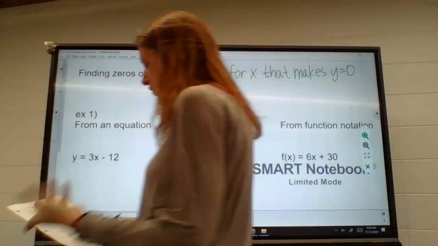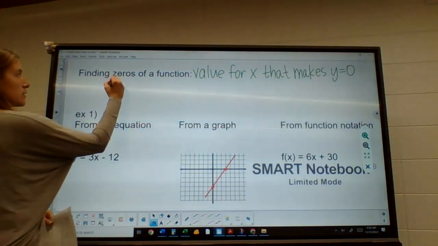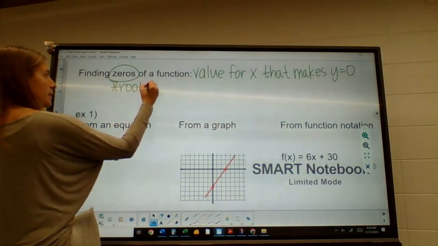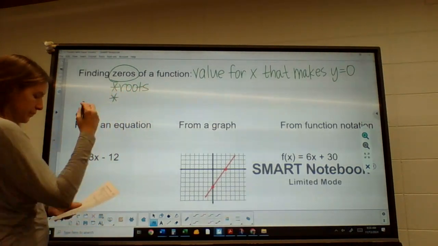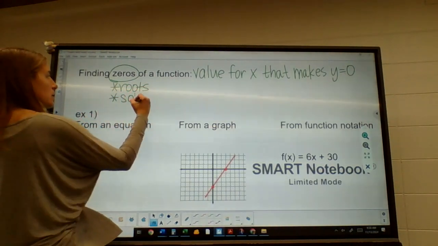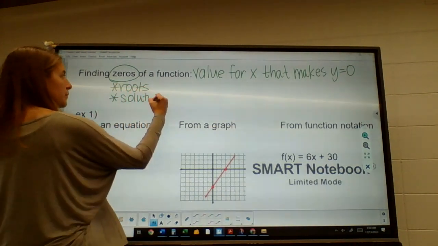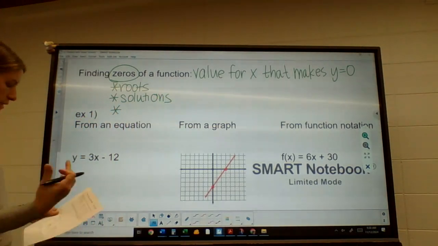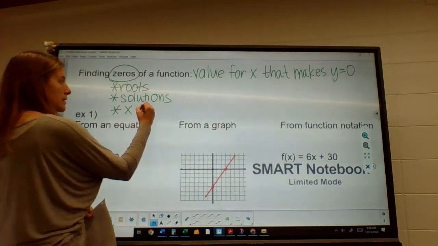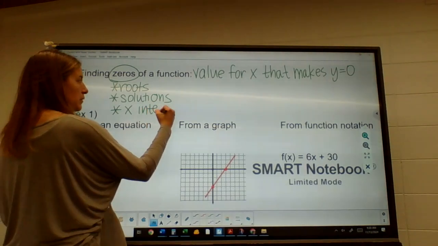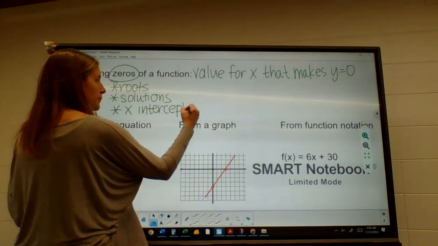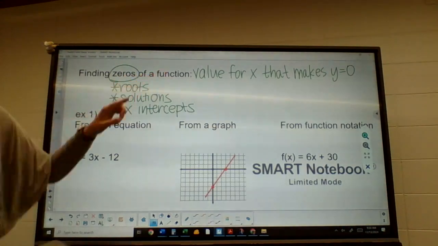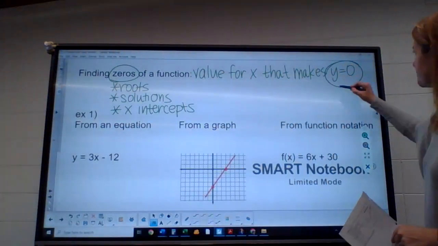So you might hear them use words like zeros, they also use the word roots, solutions. And the other one is one we haven't heard since last chapter, an x-intercept. That's also a zero of the function. So the value of x where y equals 0.